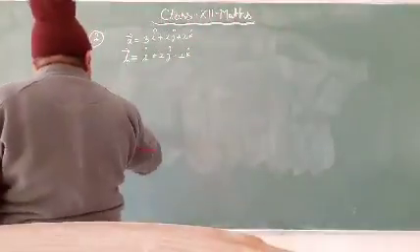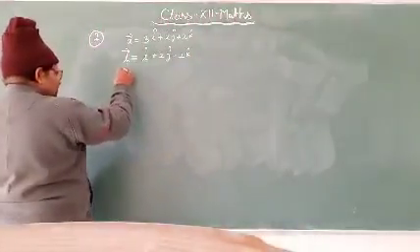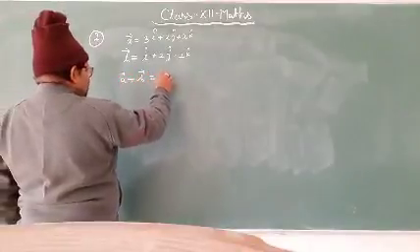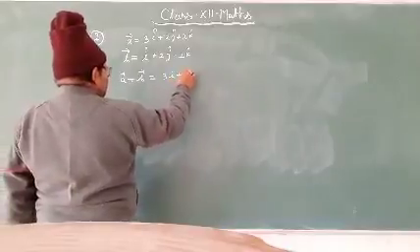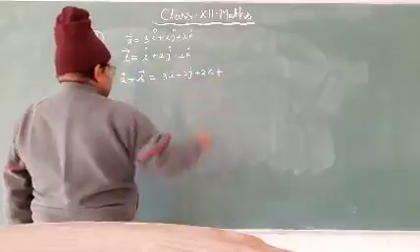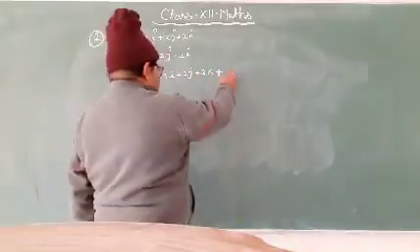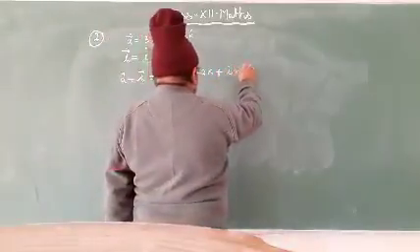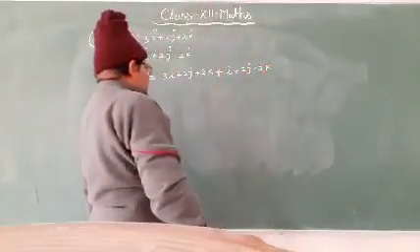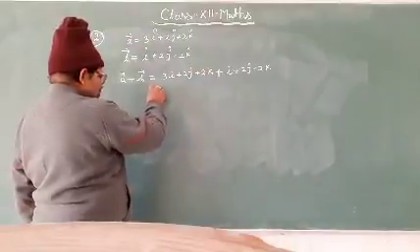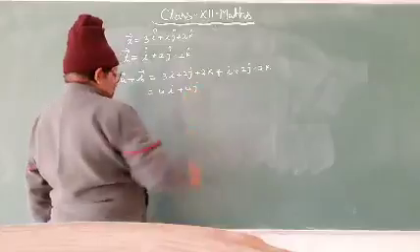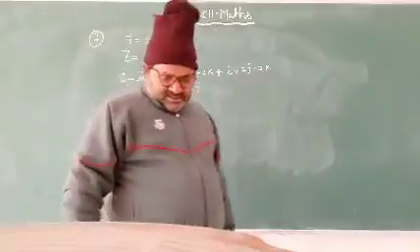First we find vector A plus vector B, which equals 3i plus 2j plus 2k plus i plus 2j minus 2k, equal to 4i plus 4j.